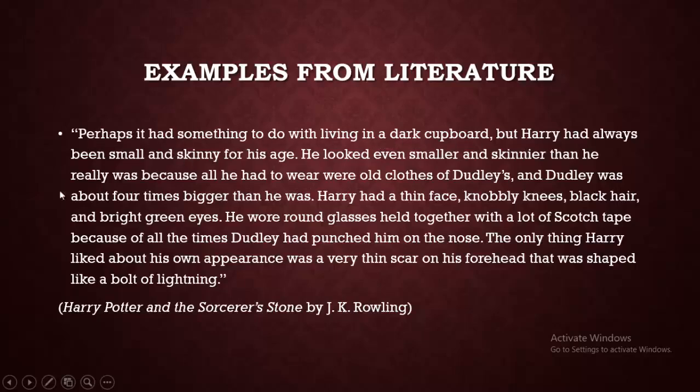but Harry had always been small and skinny for his age. He looked even smaller and skinnier than he really was, because all he had to wear were old clothes of Dudley's, and Dudley was about four times bigger than he was.